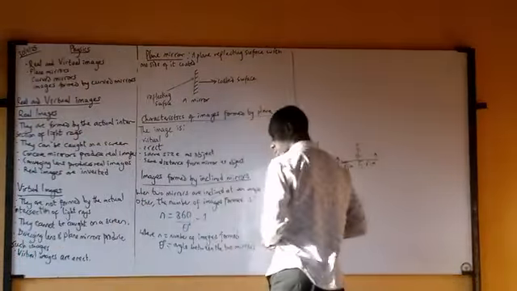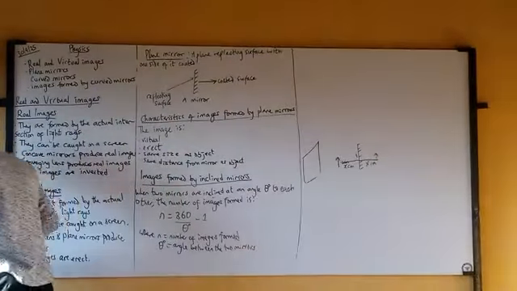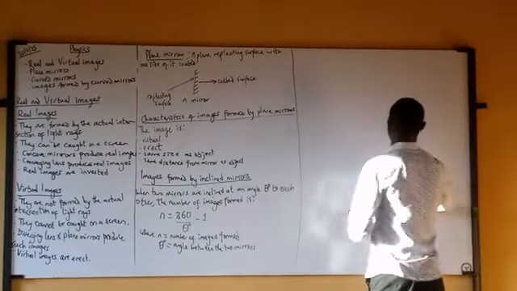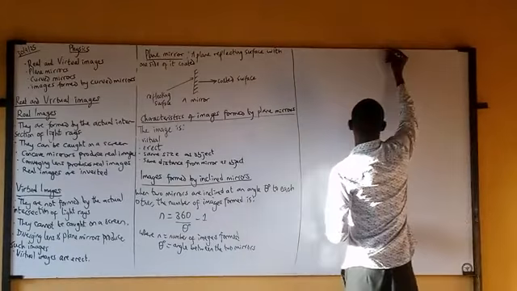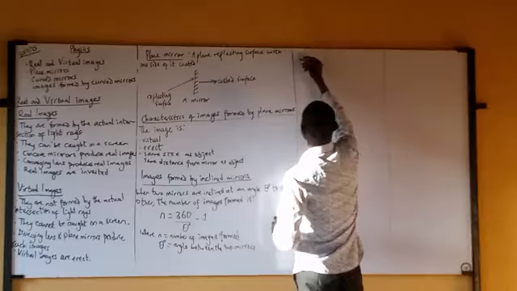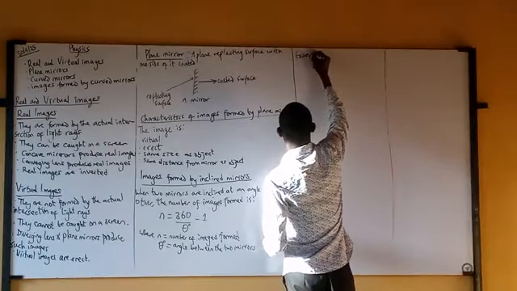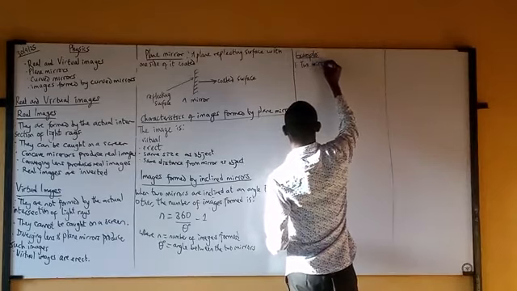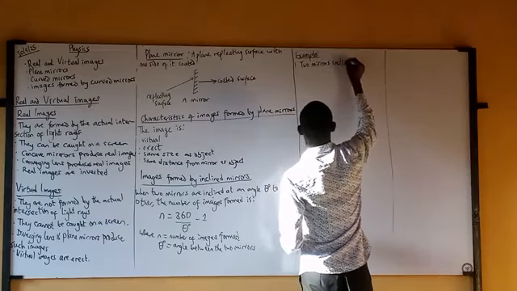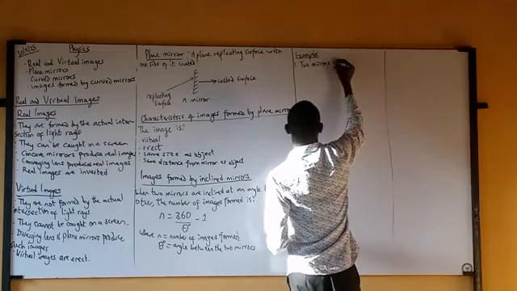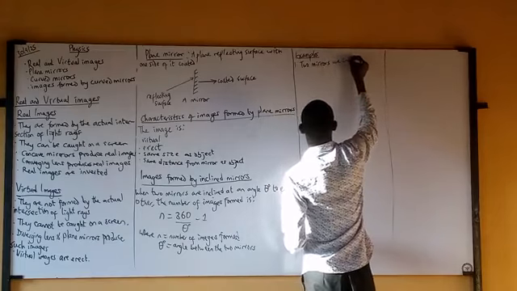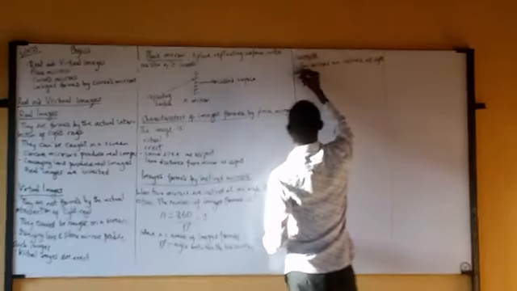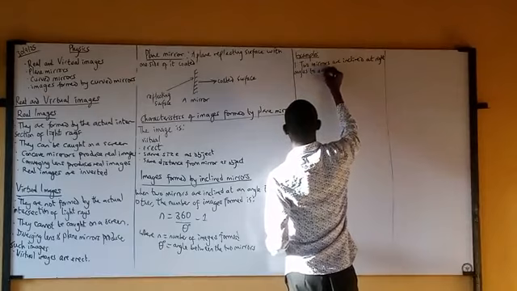So let's take a few examples. Two mirrors are inclined at right angles to each other.